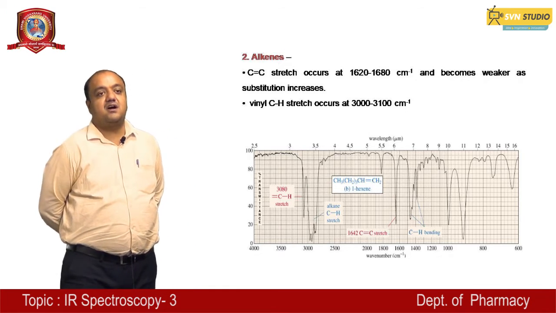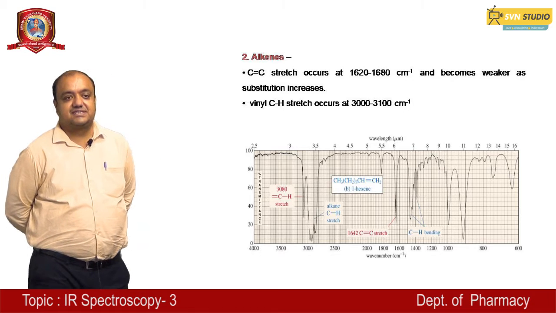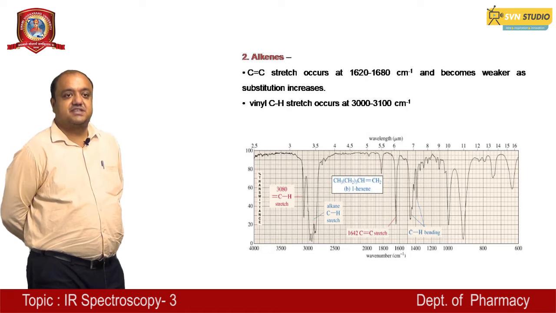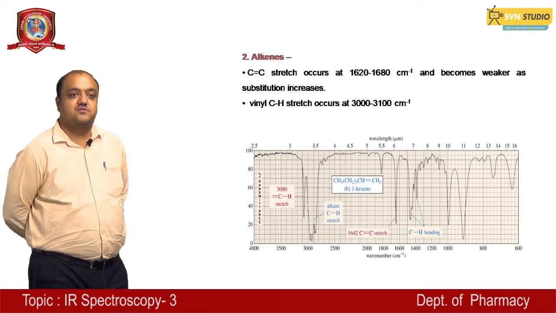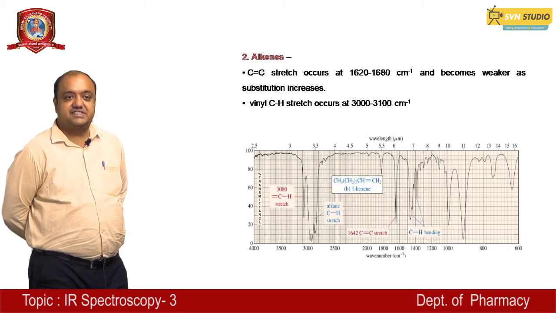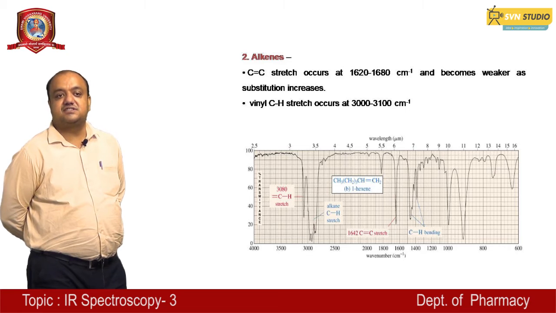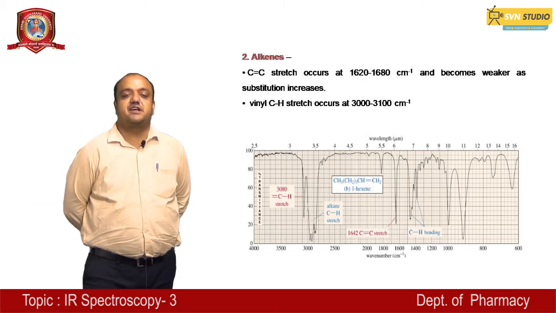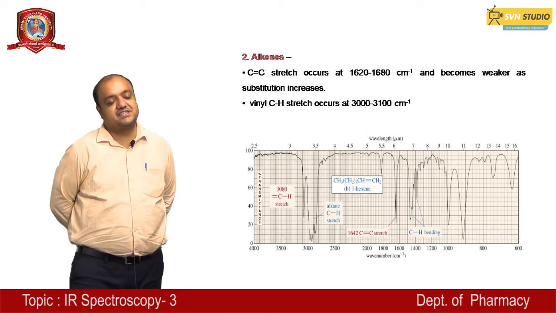This is the spectra of alkenes, which shows in these regions like 3082 the C-H stretches, and C double bond C stretches are there in 1600 to 1680 centimeter inverse.